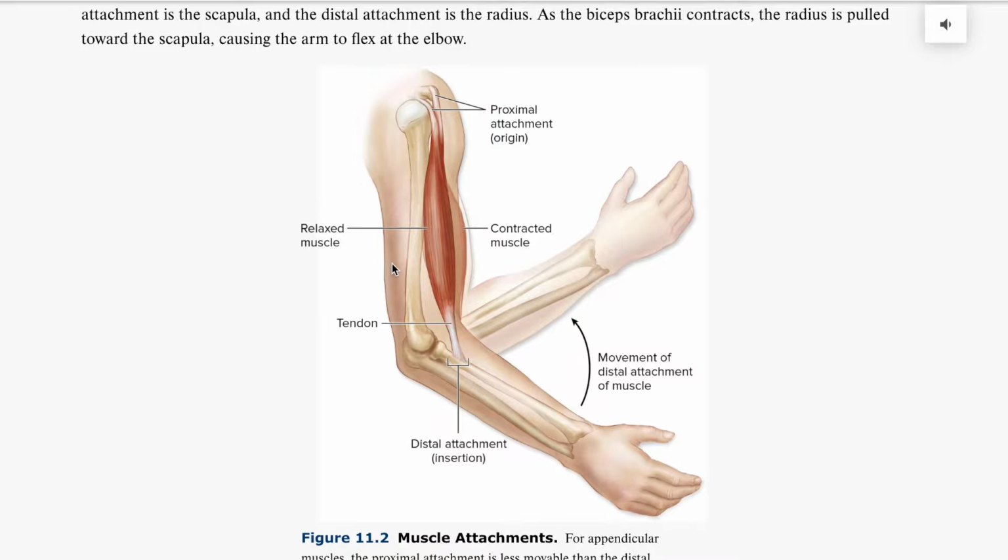My students will hear me say a lot, whenever you can get double your money for your study time, do it. The pair of muscles in this area would be the biceps brachii and the triceps brachii. While the biceps brachii is causing this action right here, the triceps brachii, which they haven't drawn out here, is opposing this action.